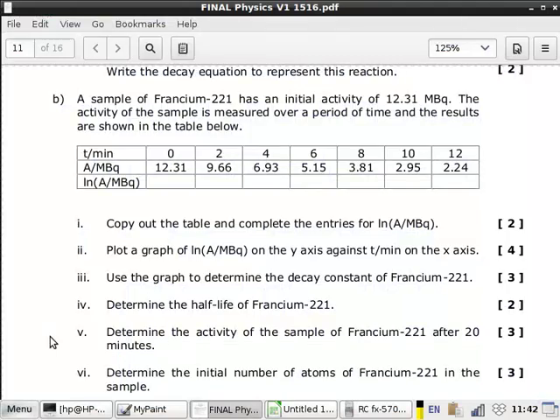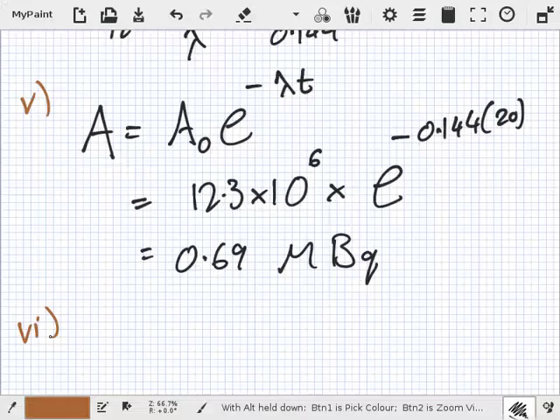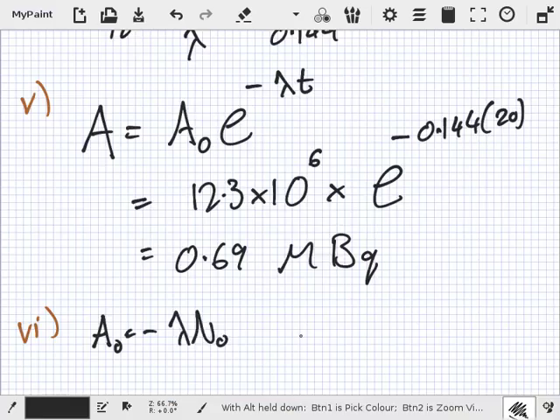Next one, part 6. What's the initial number of atoms? So what's N0? You have the formula A0 equals minus lambda N0. So N0 equals minus A0 over lambda.